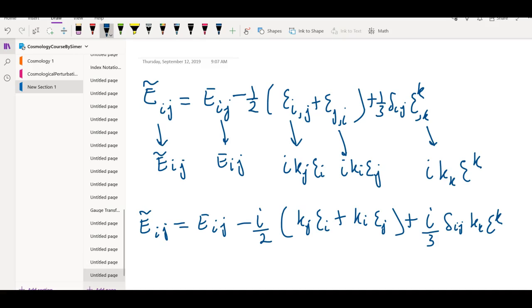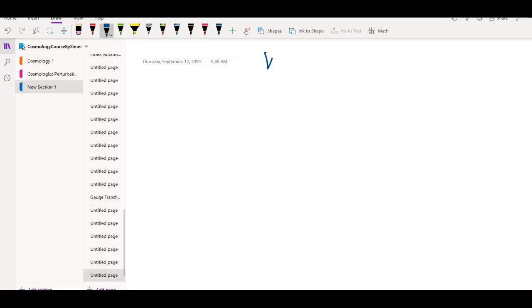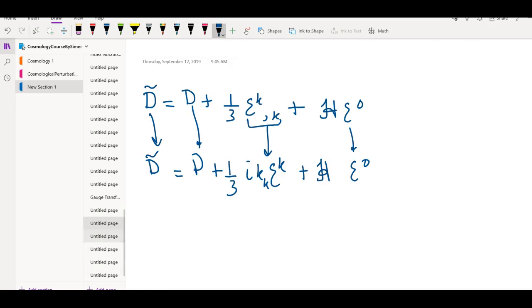Next, let us consider a mode k. For a given mode k, let us align the z-axis parallel to k, such that k is parallel to z. In this scenario, let's see what each component becomes.